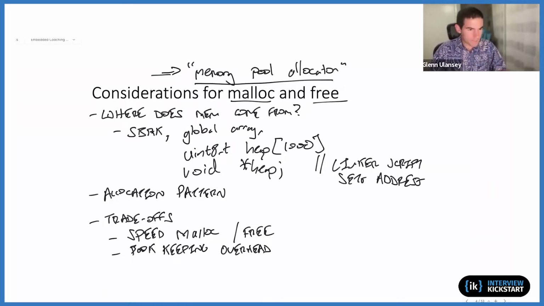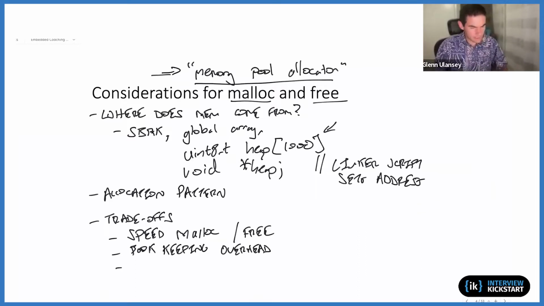Are we going to keep track of every single byte in this heap with a bitmap, where each byte in the heap is free or in use by setting a bit in that bitmap? Or are we going to take some other approach to the bookkeeping of keeping track of what things are allocated and what things are freed? So that bookkeeping overhead is part of our trade-off.